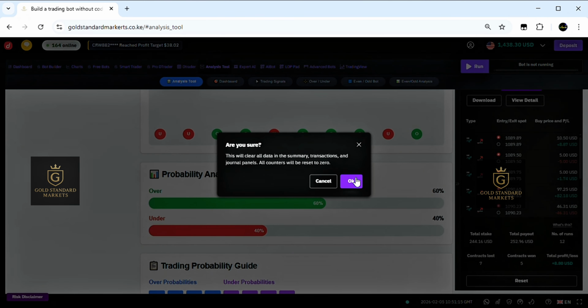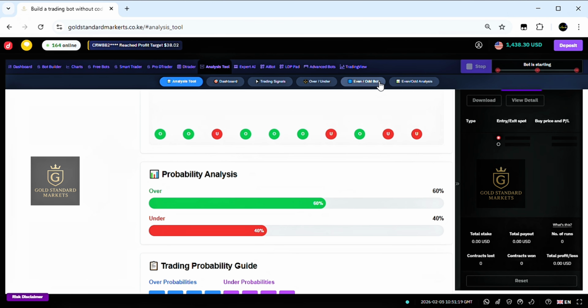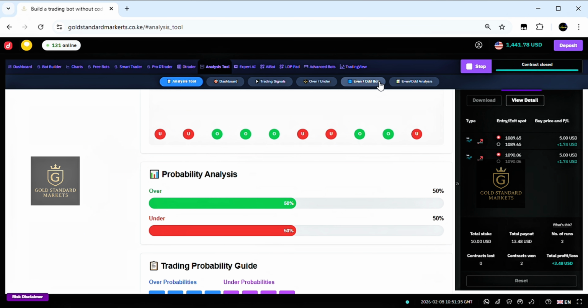But anyways, you get what I'm saying, right? So we reset and then we go in again. And here we are. One more profitable run. Come on.